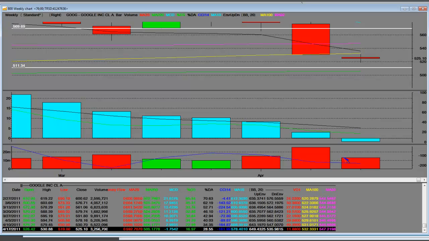Not only that, the big short sellers around the country on Google, the hedge fund managers, that big money that trades Google, is going to buy to cover here. So we would get a massive bounce when it hit there.